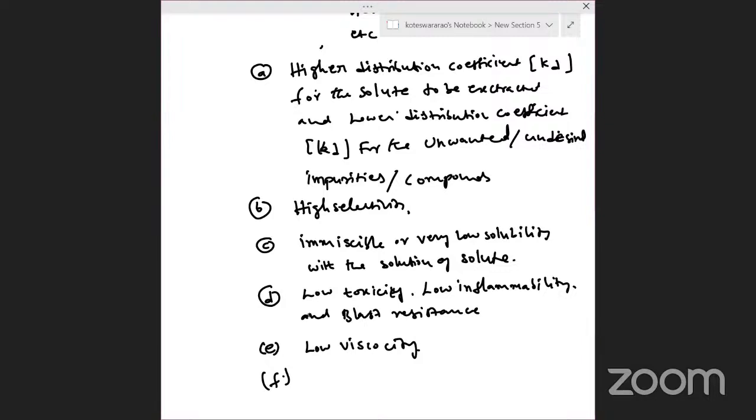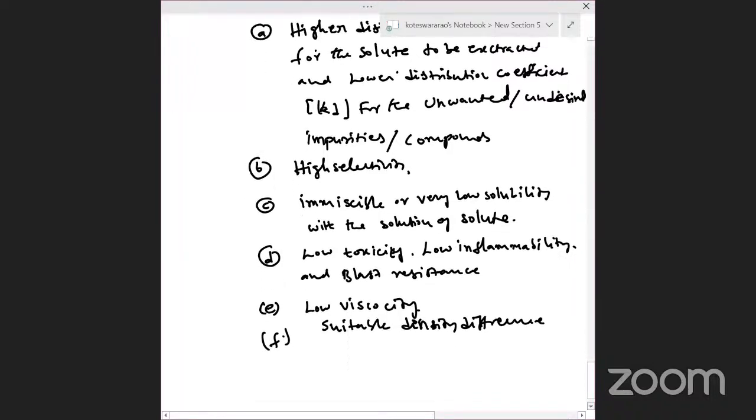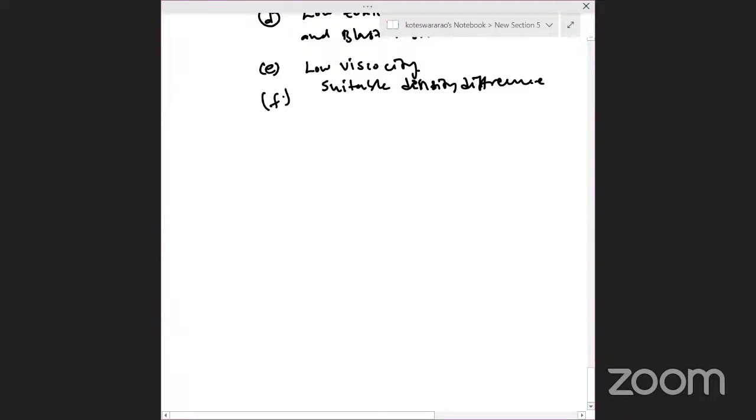That is the reason they should maintain a suitable density difference from the aqueous phase in order to avoid the formation of emulsion.